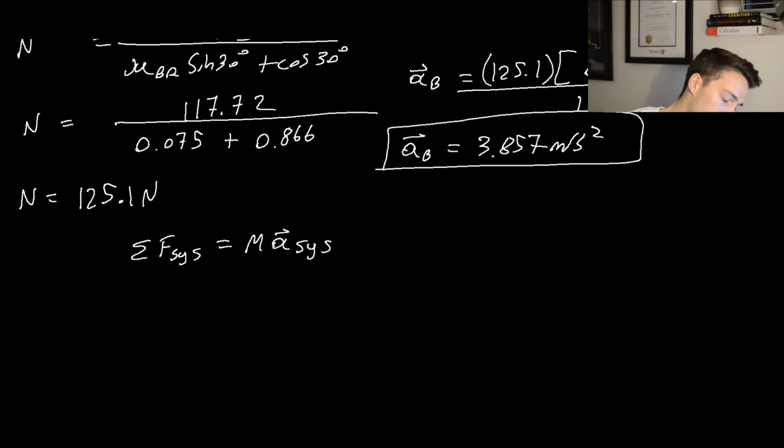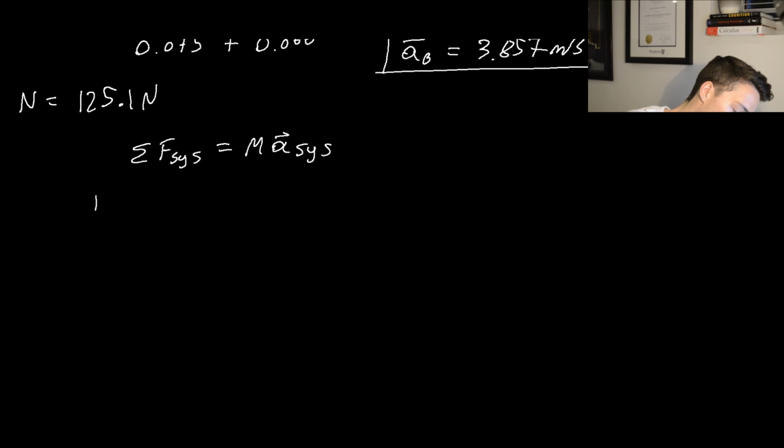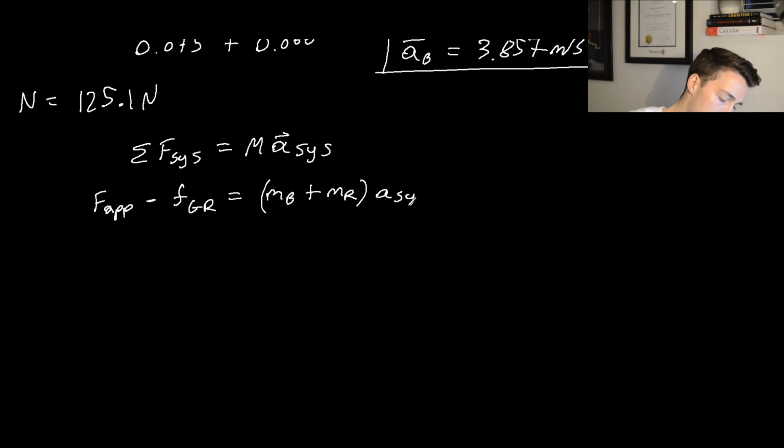So we're going to write F applied minus the frictional force from the ground with respect to the ramp, multiplied by m, which I'll write as mb plus mr, multiplied by the acceleration of the system. So if we solve for F applied, we're going to get mb plus mr times acceleration of the system.